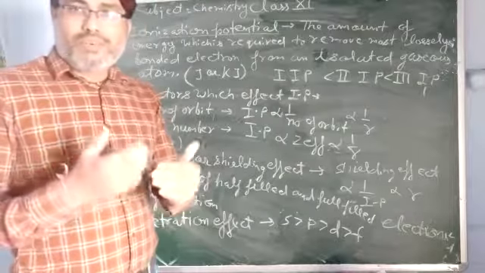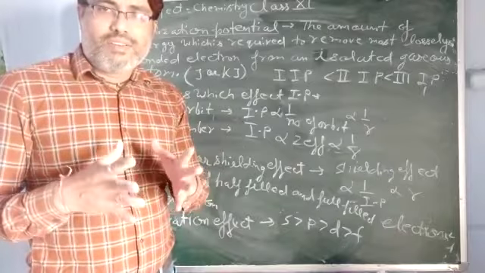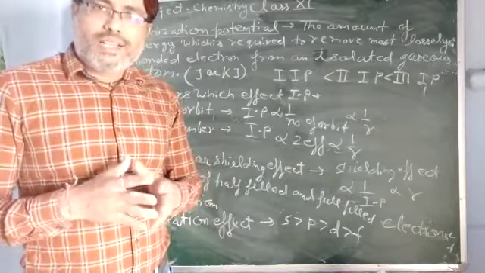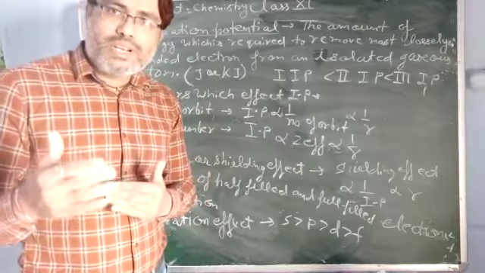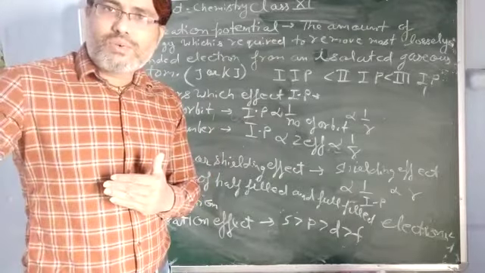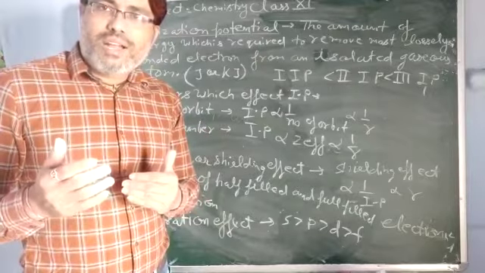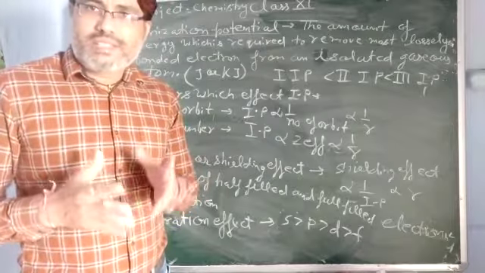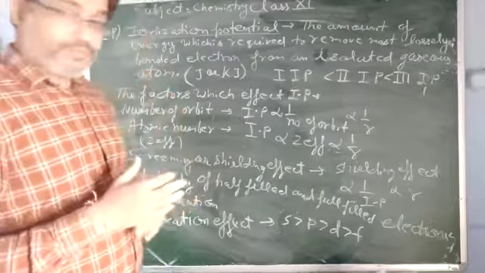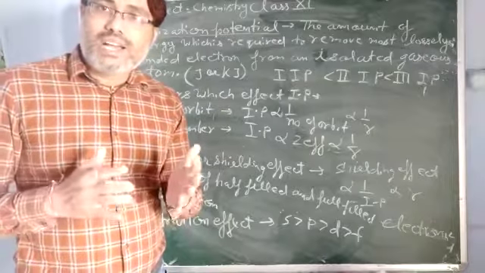Now first point, the number of orbits or shells. As the number of orbits increases, the atomic radius increases. We have already discussed this. So the electrostatic force of attraction between the outermost electron and nucleus decreases, and we require less energy to remove such an electron. If the atomic radius is increasing, then the value of the IP is decreasing, so they are inversely proportional.